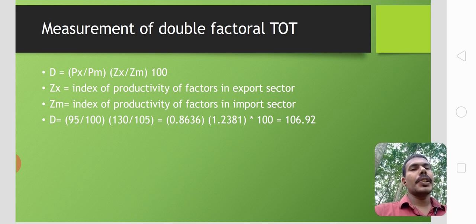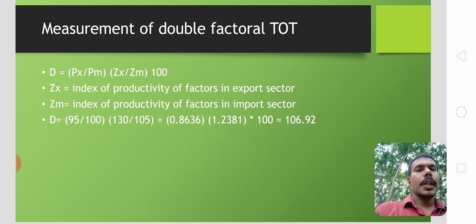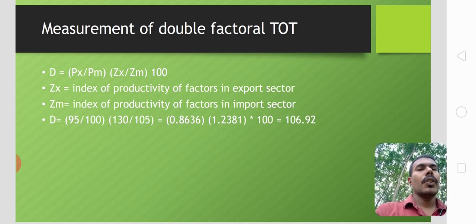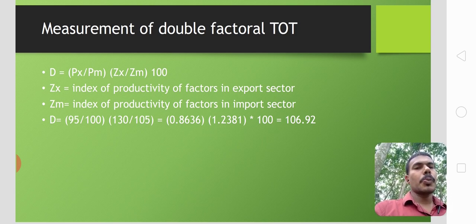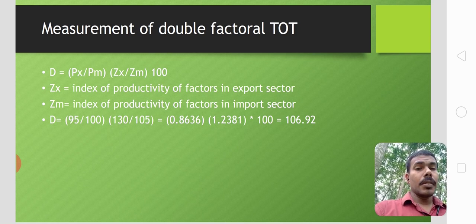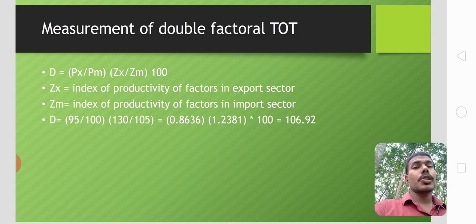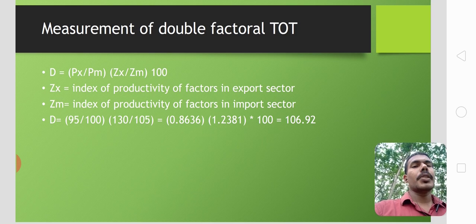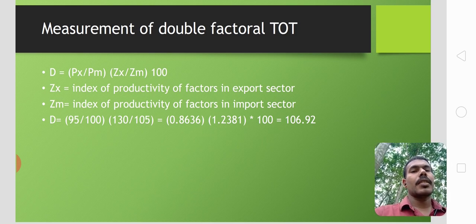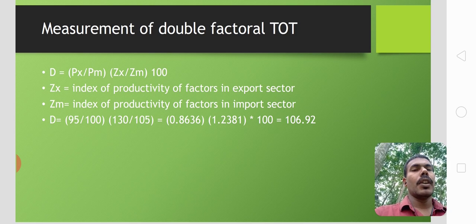Zx is the productivity of factors in the export sector, and Zm refers to the productivity of factors employed in the import sector, that is, the productivity of factors embodied in the import of a nation. It can be multiplied by 100 to get the figure in percentage. Zx, as I said, is the index of productivity of all factors in the export sector, and Zm refers to import factors productivity in the import sector.